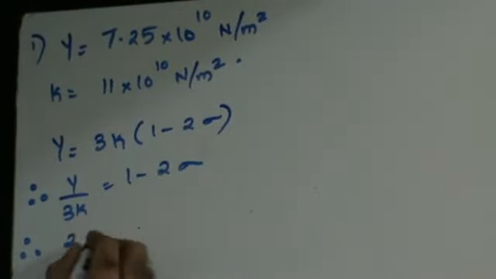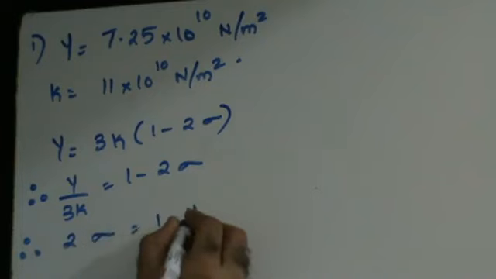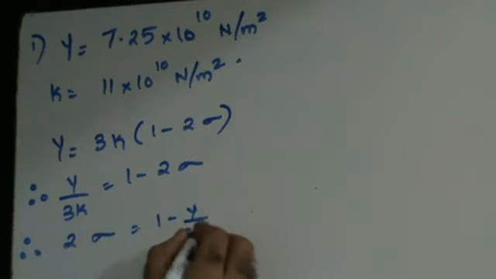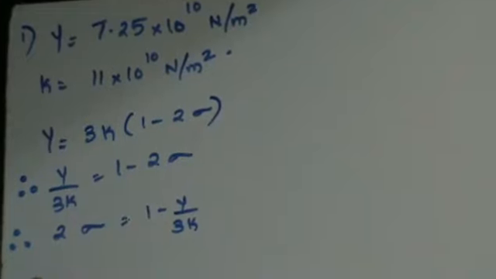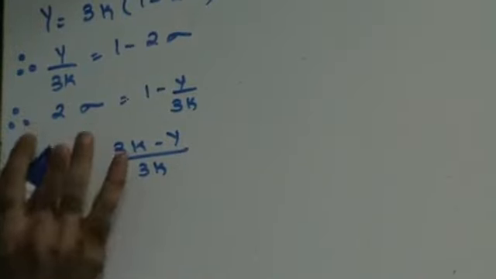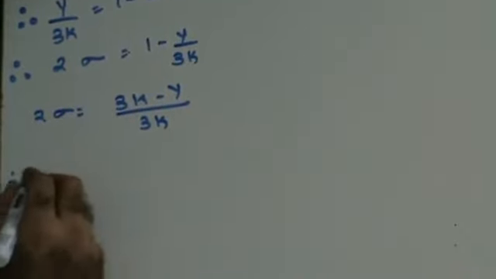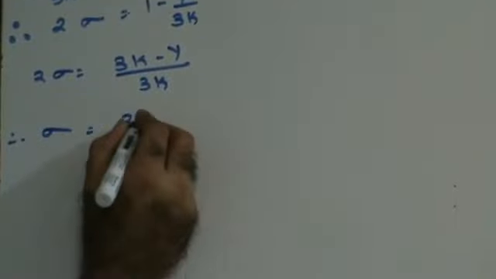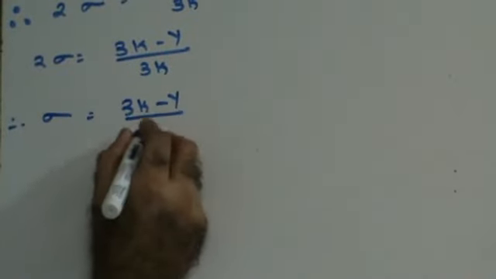Therefore 2 sigma is 1 minus Y upon 3K, so 2 sigma is (3K minus Y) upon 3K. Therefore sigma is (3K minus Y) upon 6K.